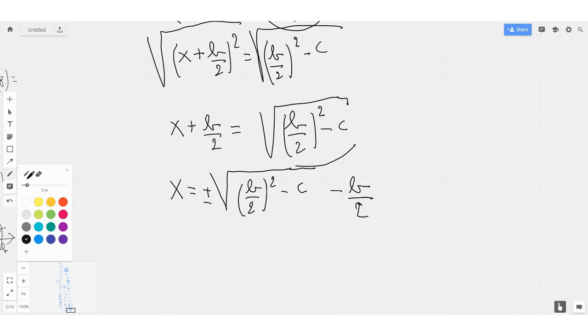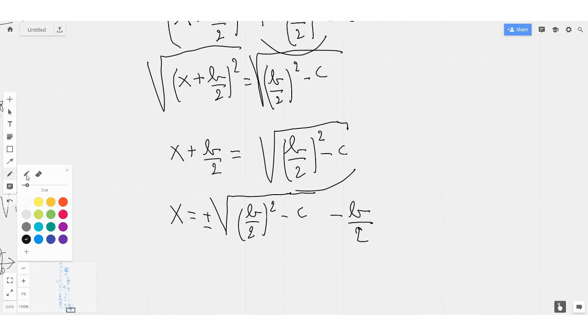So one thing you should be careful about: usually your equations are not of the form of x squared plus bx plus c, but rather they are of the form ax squared plus bx plus c.